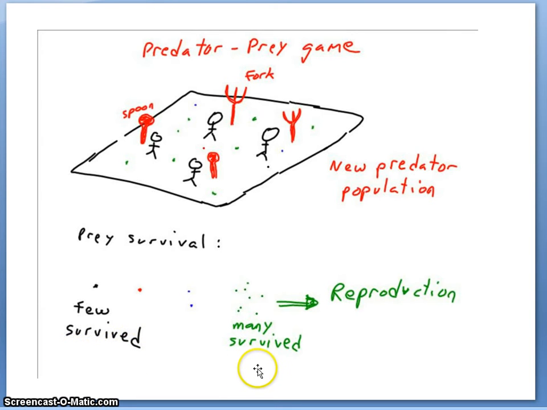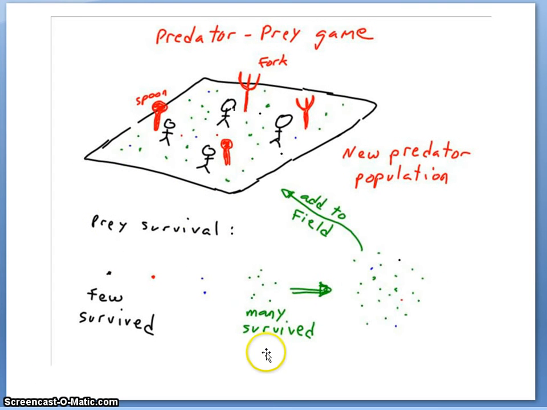For some seed types, like the small green ones, there were many still left in the playing field because predators did not eat many of them. And so just as the predators reproduce, those who survived get to reproduce to populate the next generation, so too with the prey. And so the individuals of the prey species that survived, we reproduced them, added the extra seeds back into the field to show that reproduction process, and then repeated the predator-prey interaction.